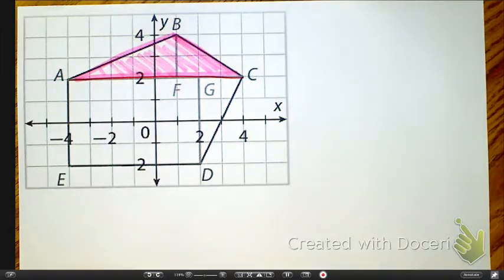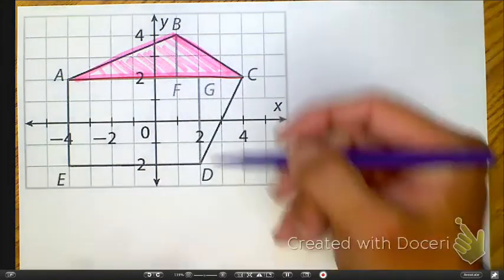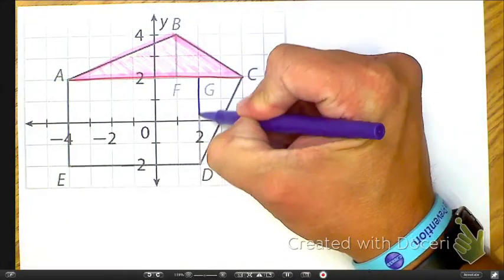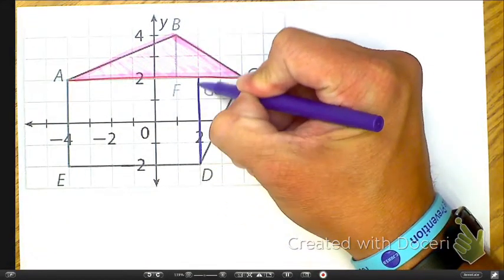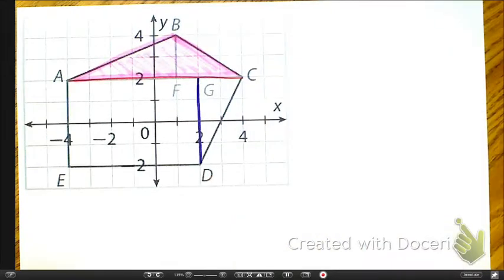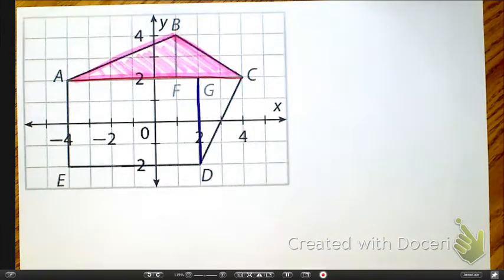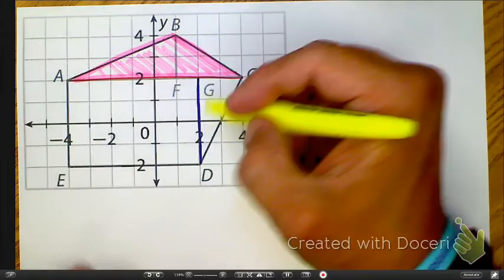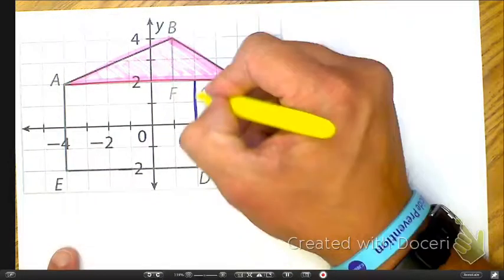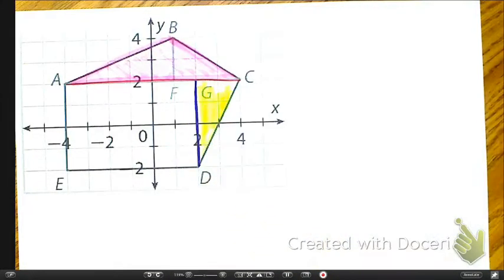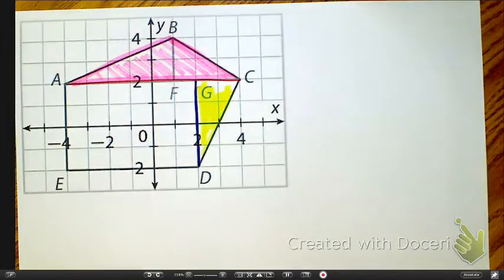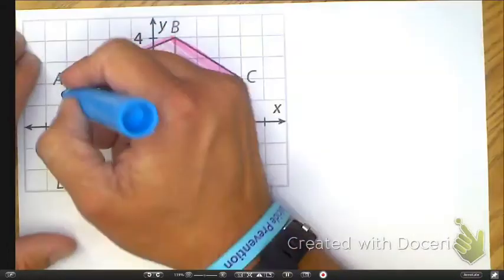That's easy. If I continue to cut the polygon, if I cut it down this segment right here, GD, I created 2 more polygons that we know how to find area. We created another triangle over here, and we created a large rectangle over here.